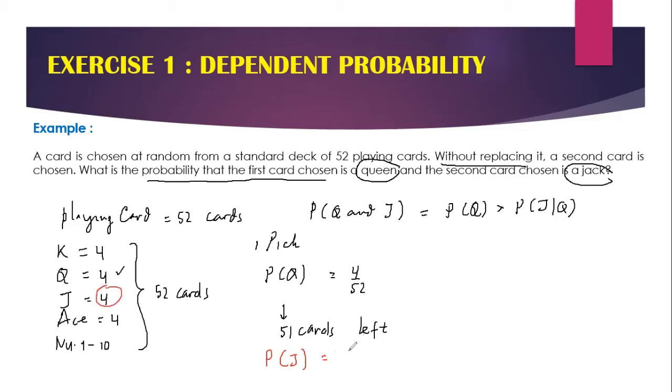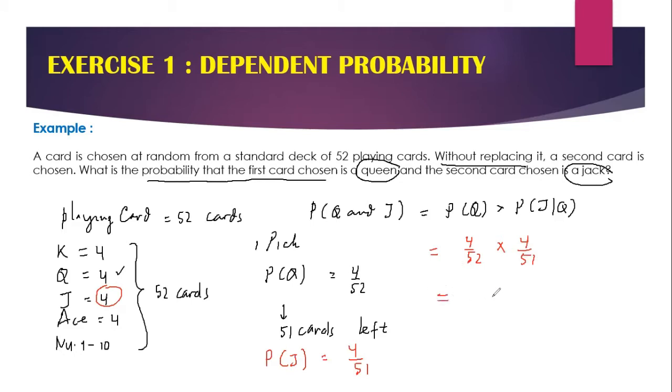The probability of jack is 4 over 51. Okay, so that's clear. So the probability of queen for the first pick and jack for the second pick is 4 over 52 times probability of jack given queen, 4 over 51.